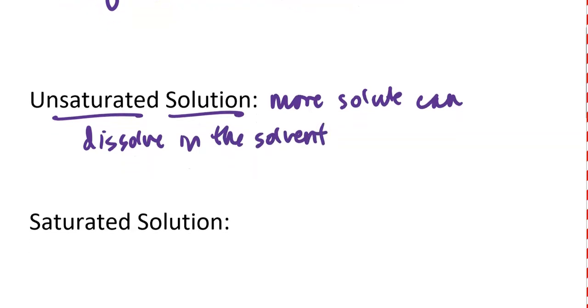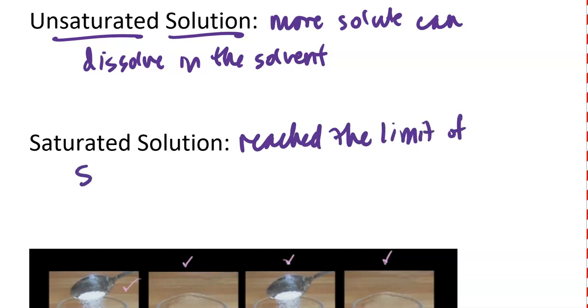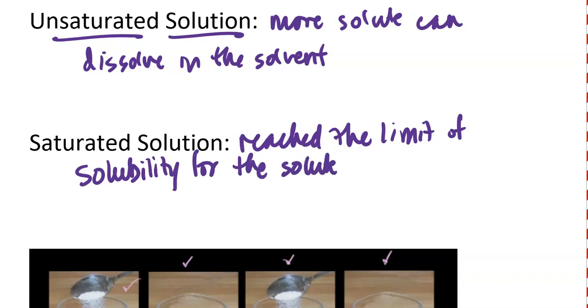Okay, whereas a saturated solution is a solution in which we've reached the limit of solubility for the solute in the solvent. And oftentimes I feel that actually seeing this in action is a little bit more useful than having a definition given to you.